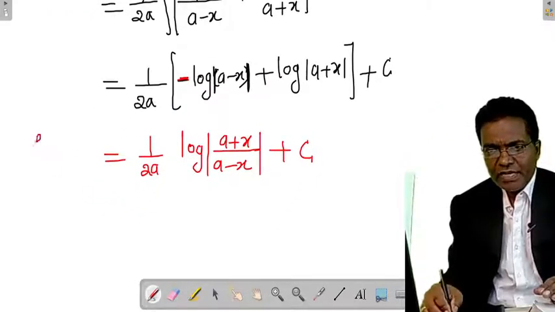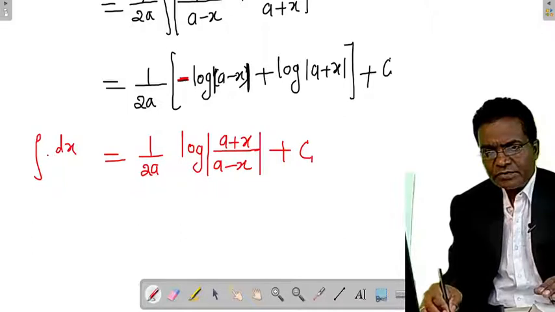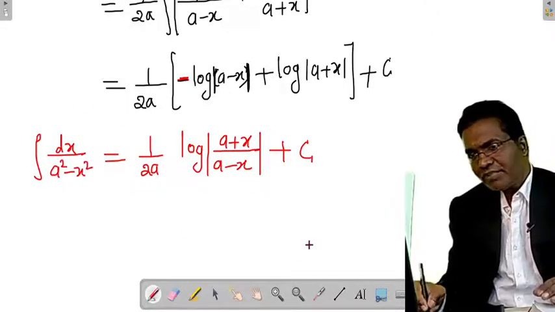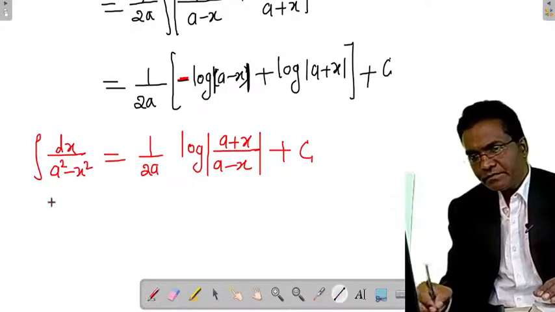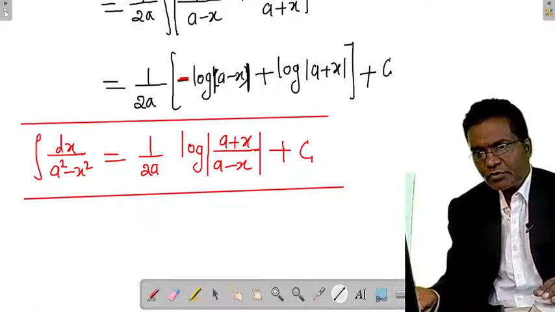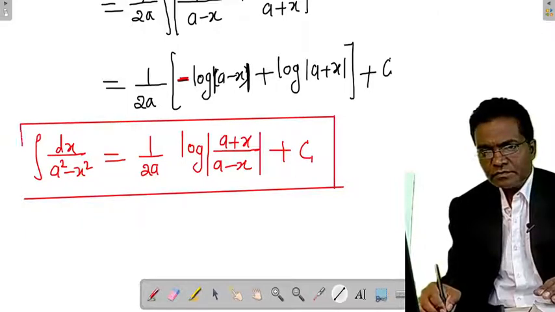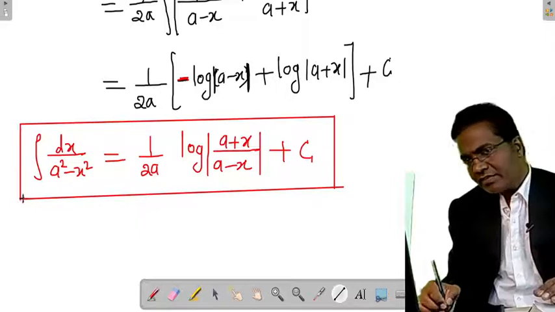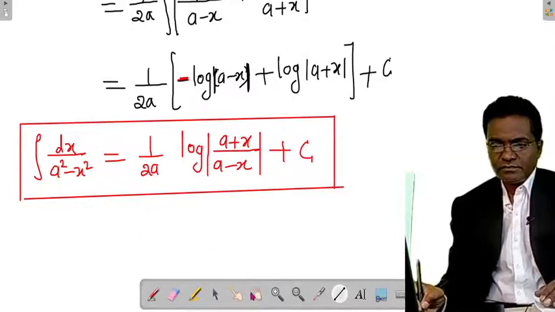So this is your integration of dx by a square minus x square. Please note this down. You are supposed to prove as well as remember. In most cases you will get this.